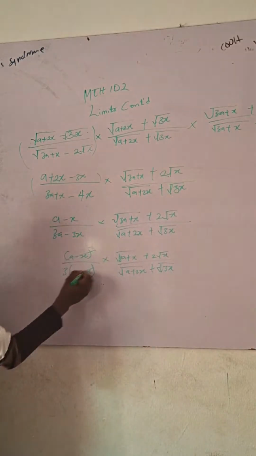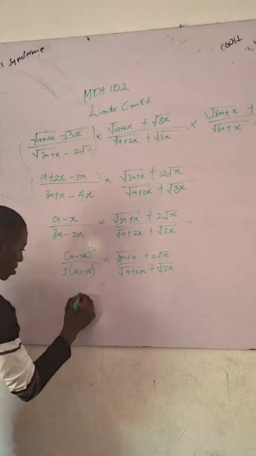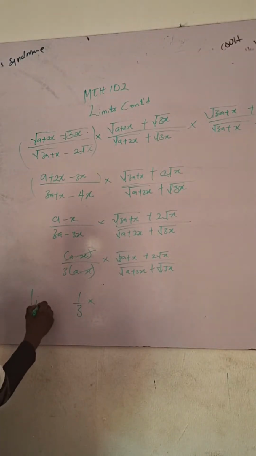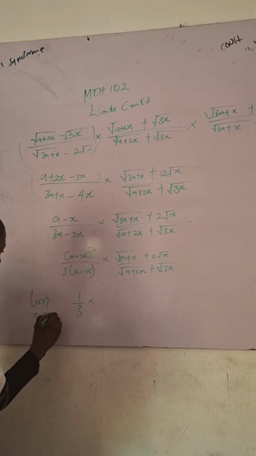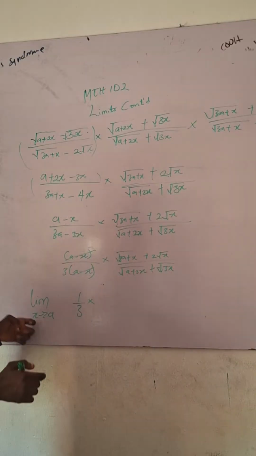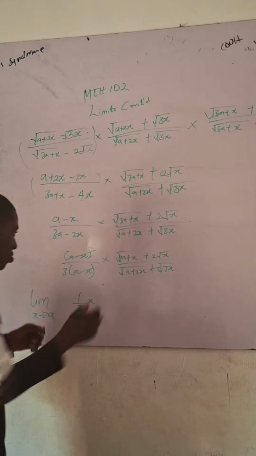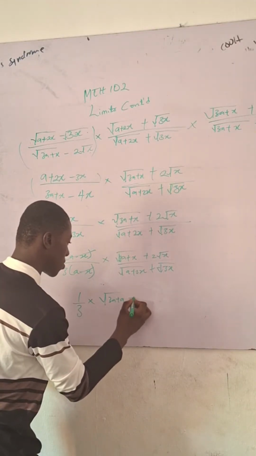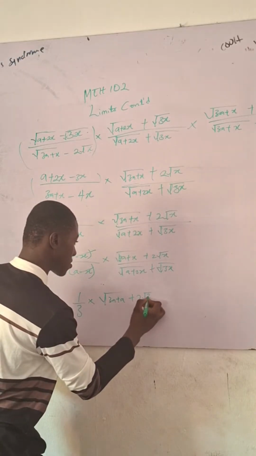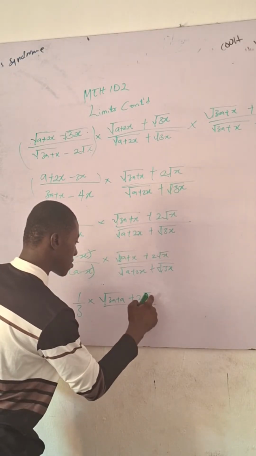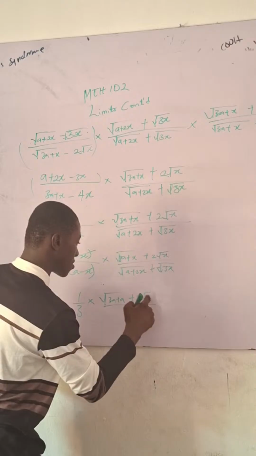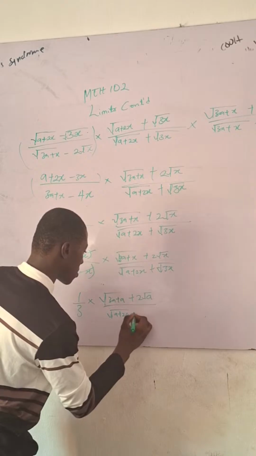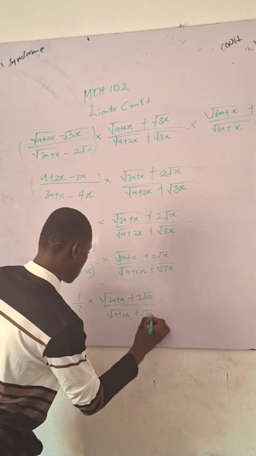So this can go, right? So I'll have 1 over 3 times, then the limit of x approaching a can now come in. That means wherever I see x, I'm meant to put a. So from here, I'll have 3a plus a plus 2 root a over square root of a plus 2a plus 3a.